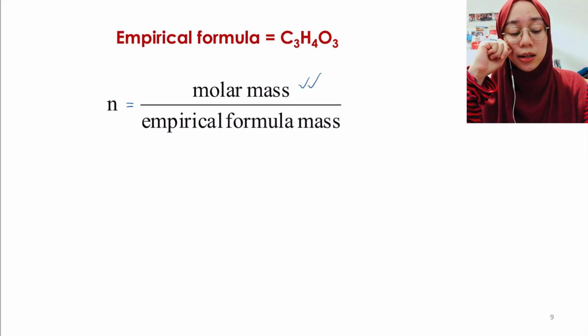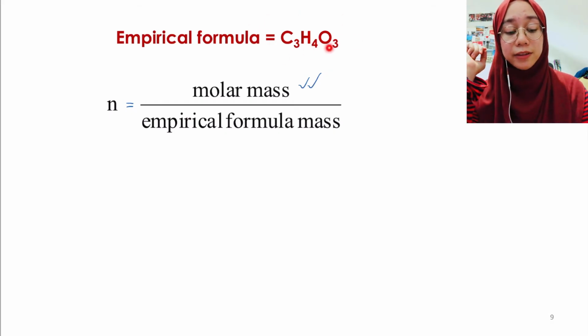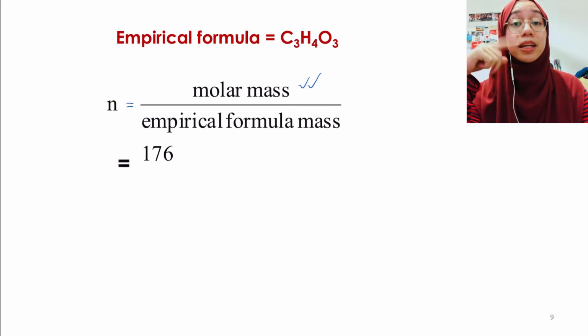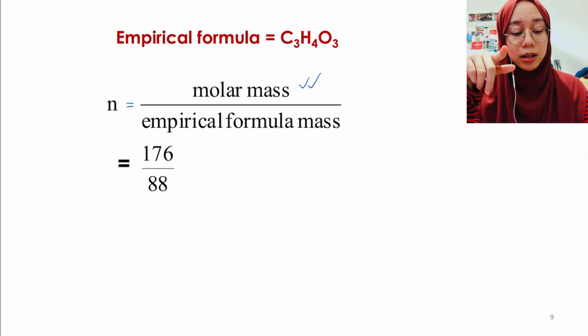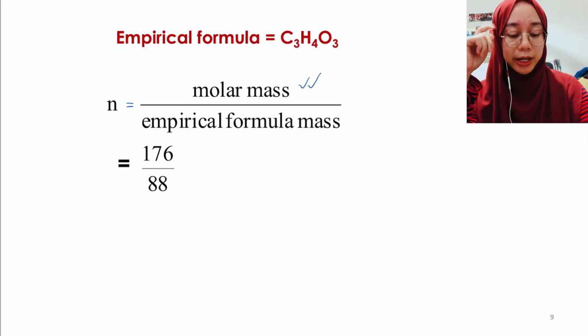Okay, and then you need to look for the empirical formula mass. So empirical formula tadi kamu dah jumpa, which is C3H4O3. So kamu boleh cari the mass of this empirical formula here. Okay, therefore 176, which has been given to you in the question, and then you need to calculate the molar mass of this one. So C3H4O3 ni, so kamu buatlah kat tepi.